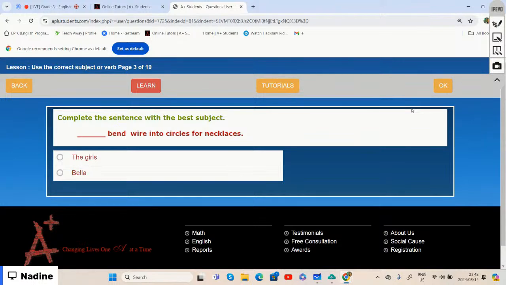So do we say the girls or do we say Bella bend wire into circles for necklaces?